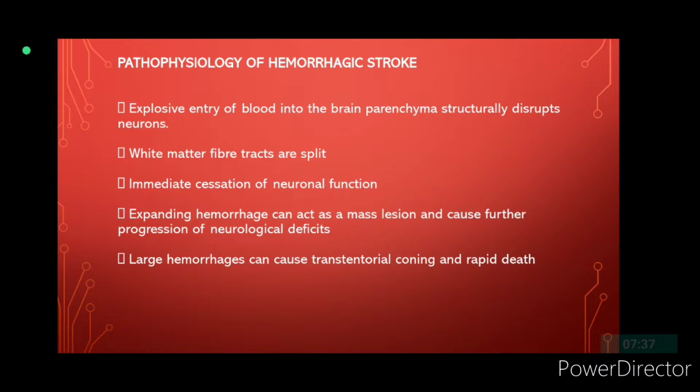Pathophysiology of hemorrhagic stroke. First point, explosive entry of blood into the brain parenchyma structurally disrupts the neurons. Second point, white matter fiber tracts are split.